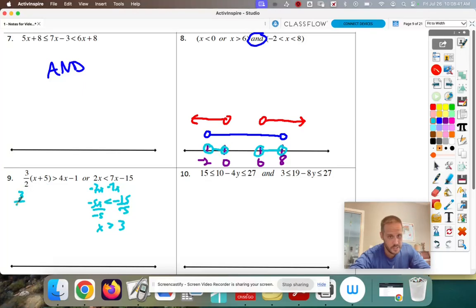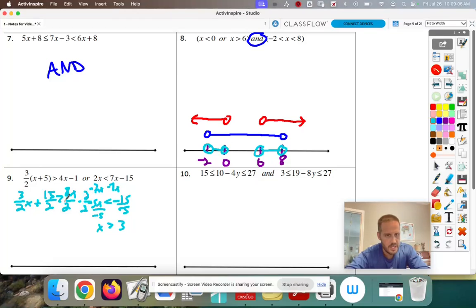Let's distribute 3/2 x plus 15 over 2 greater than, I'm going to write everything here as something over 2 because that'll make it easier to combine like terms. 8x over 2 minus 2 over 2. Okay. Oh, my pen is not happy with me right now. Minus 2 over 2.